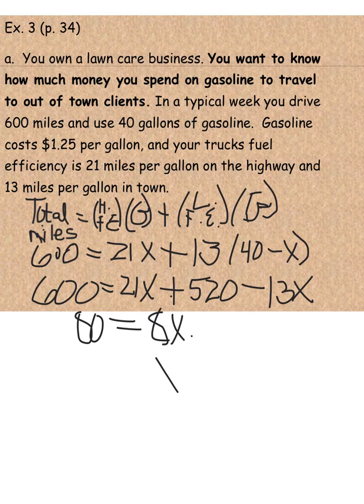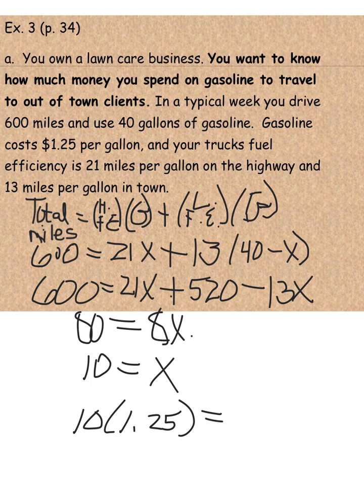Divide by 8, and X will be equal to 10. So that's 10 gallons. We're going to multiply that 10 by the $1.25 that it costs for gas. And that tells me that I'm spending $12.50 to travel to my out-of-town clients.